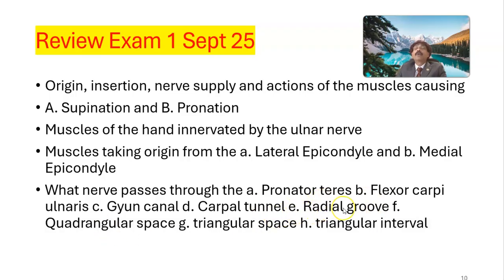Radial groove contains what nerve? The radial nerve. And what artery? Profunda brachii artery or deep artery of the arm. Okay. So quadrangular space, what nerve is passing through the quadrangular space? What is the content of the quadrangular space? We have the axillary nerve and posterior circumflex humeral artery, that is a branch of the third part of the axillary artery.